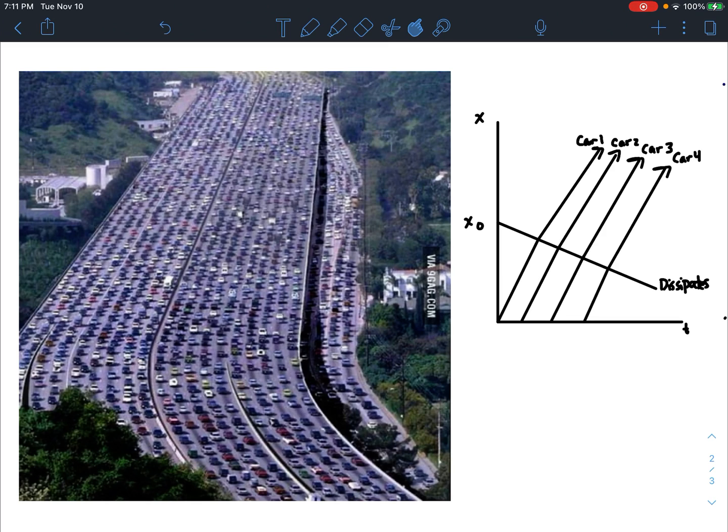Not the time, but the position. Sorry, the position is decreasing. And yes, the position is decreasing from the initial point because, as we said, it's getting closer and closer to 0 during a constant time.